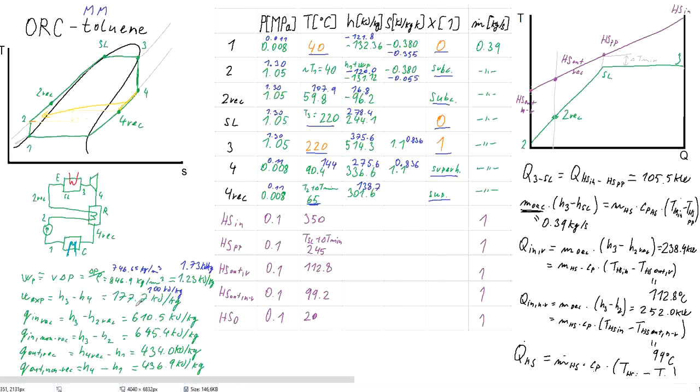The heat input is 495.6 kilojoules per kilogram, but it's in the case of no recuperation, so over here 495.6, while in case of the recuperation the heat input is 358.8 kilojoules per kilogram.